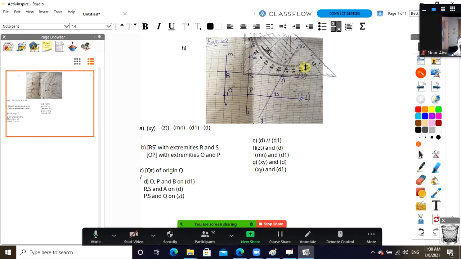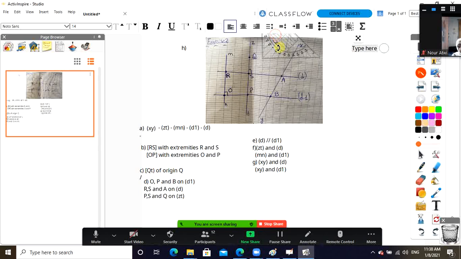Here I am, and I will move my set square till I reach the point A. I will move my set square till I get down. I will make it smaller to get it down.